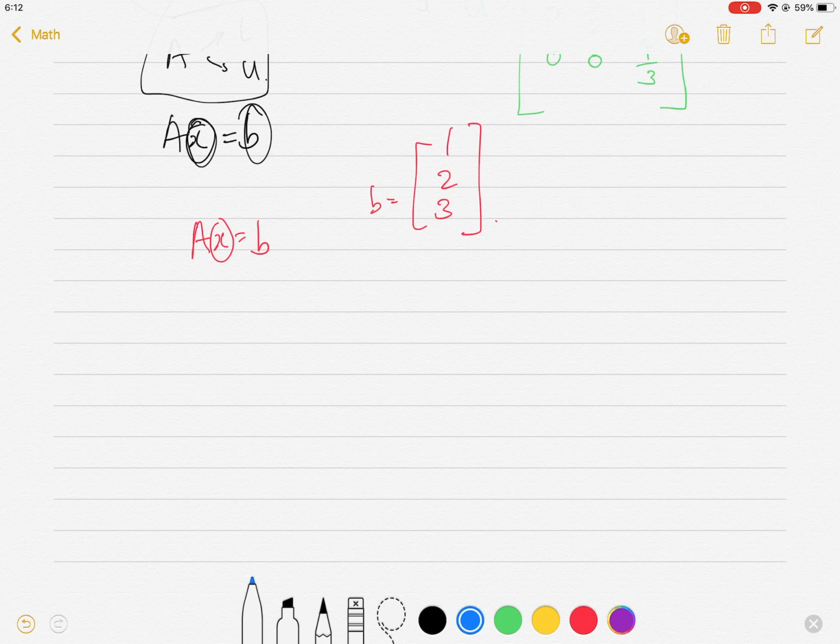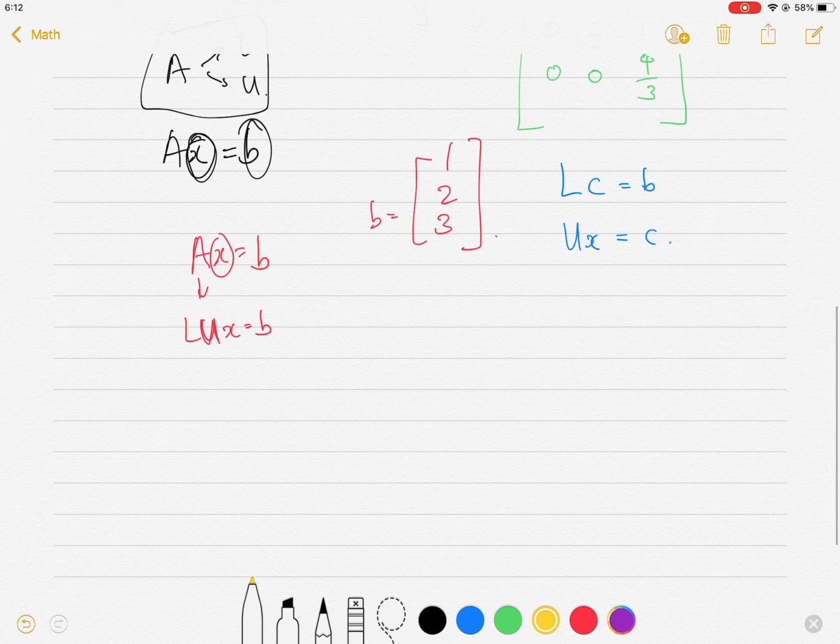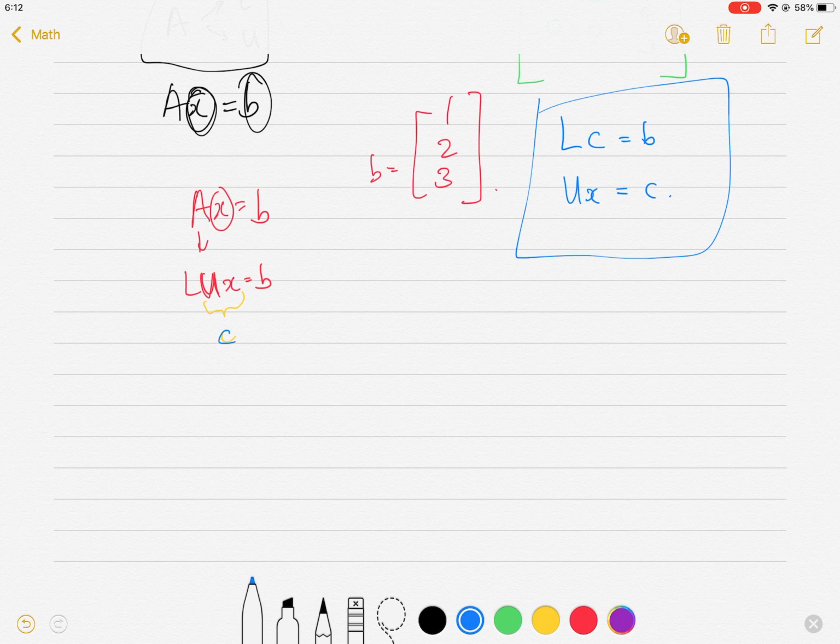We would use the equation LC equals B, then UX equals C. Because when we split the A matrix into LU, it would look like this. This would be the new form, and this part right here would be C. And we're using this equation with this newly created C to solve for X.